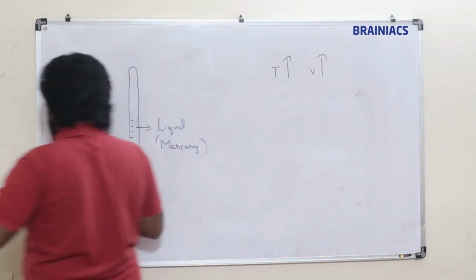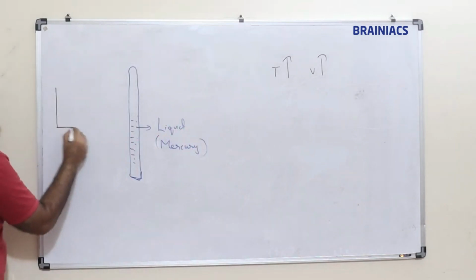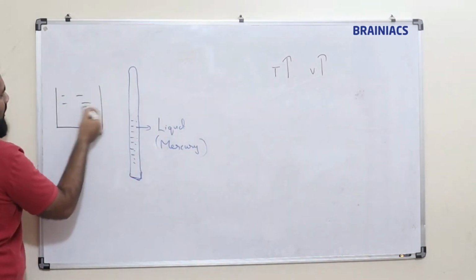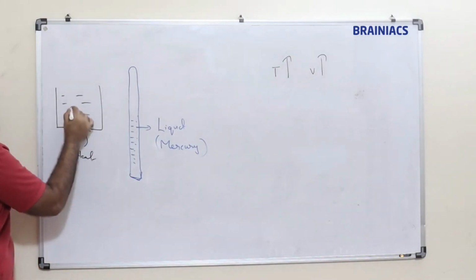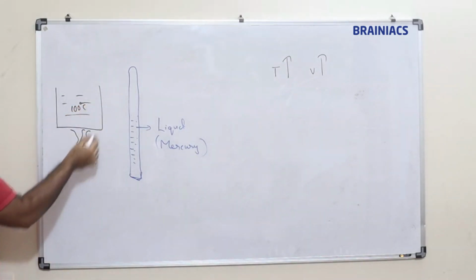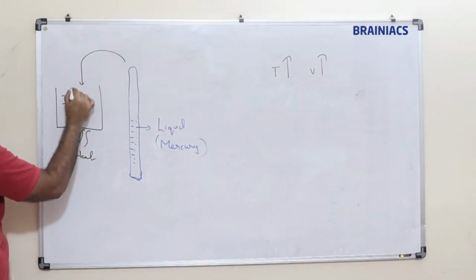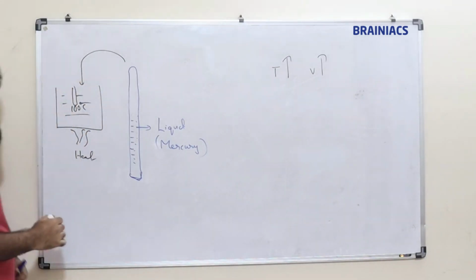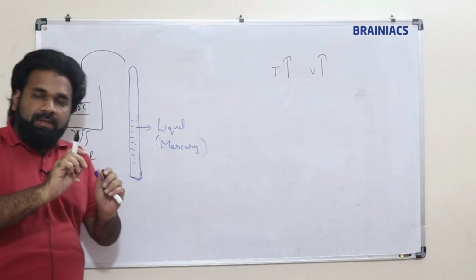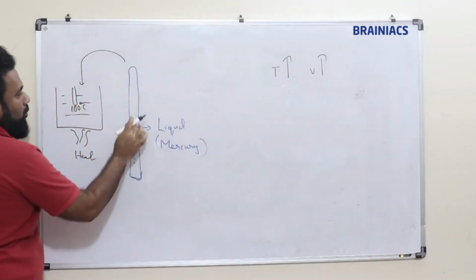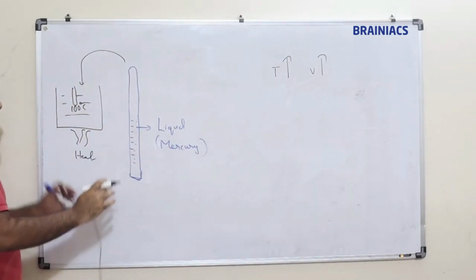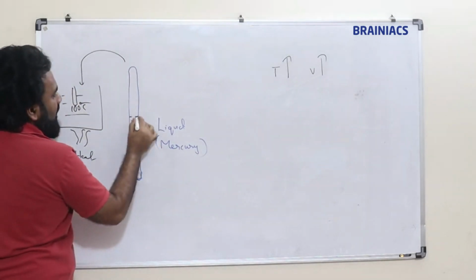Okay, suppose a vessel, heat is supplied and this is 100 degree Celsius. This one we have dipped into this. Now after dipping into this, we have taken it and we are seeing what will happen to the volume of this liquid. This will rise.